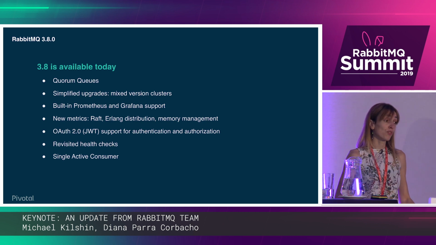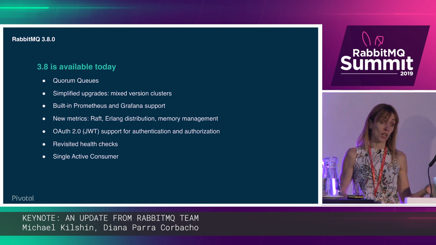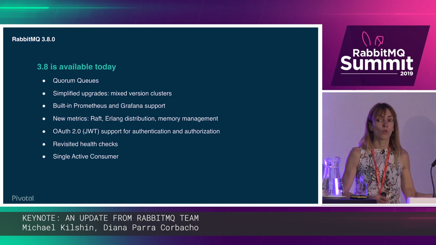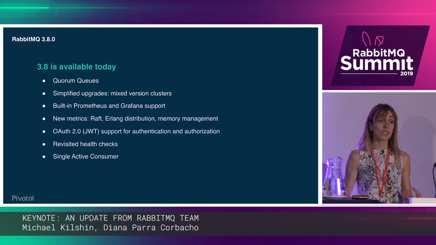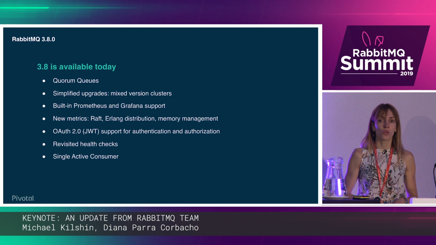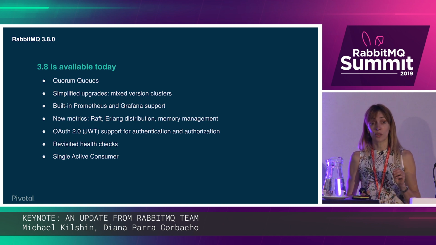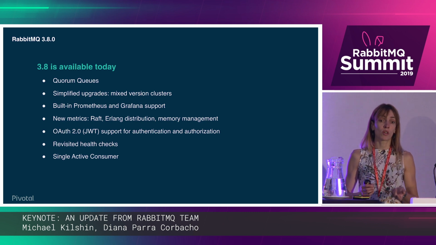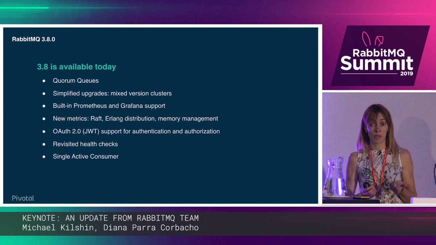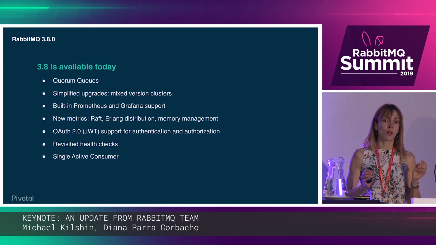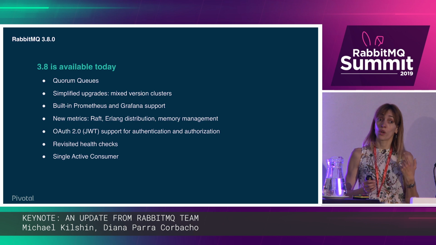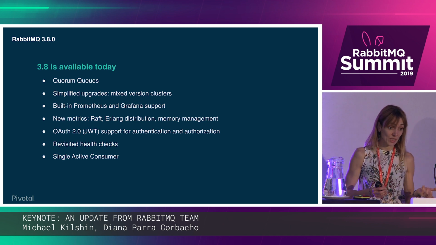And there is a new feature that is available for both types of queues, the classic queue and the new quorum queue, and it's the single active consumer. You can have several consumers connected to a queue, but only one of them will be consuming messages at one point in time. The rest of the consumers will be in a waiting queue and will only take over when the main consumer dies.